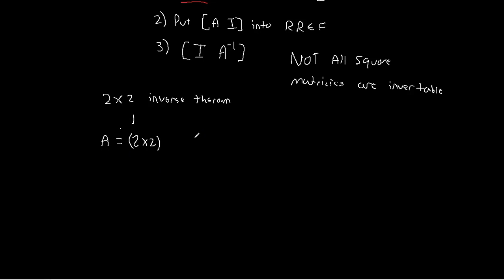That equation is 1 over AD minus BC times the matrix D, negative B, negative C, A. Sorry, I initially wrote it incorrectly.